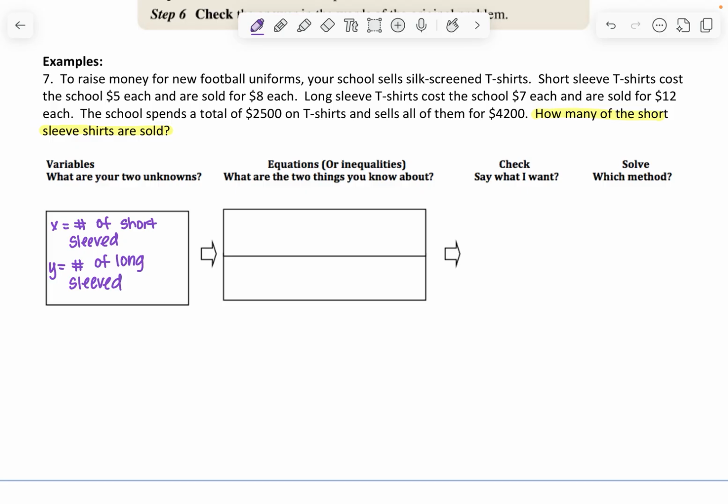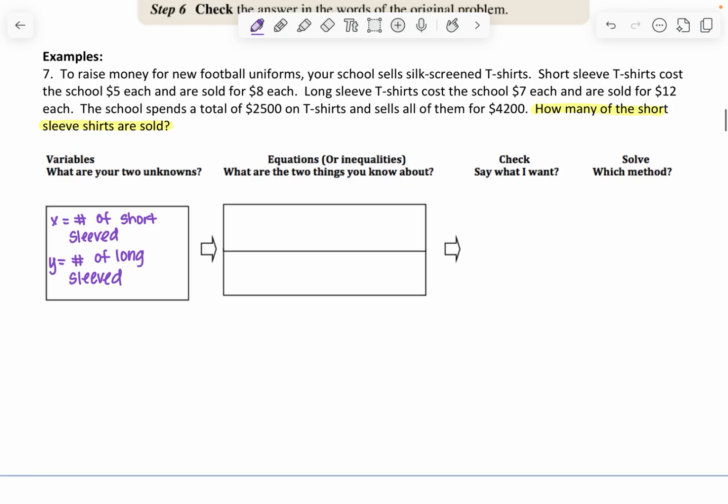So the total cost of short sleeve t-shirts is going to be 5 times however many t-shirts you bought. If they each cost $5 and I bought 10, then I spent $50, 5 times 10. Plus, same thing, long sleeve shirts cost the school $7. And then the total amount that the school spent was $2,500.